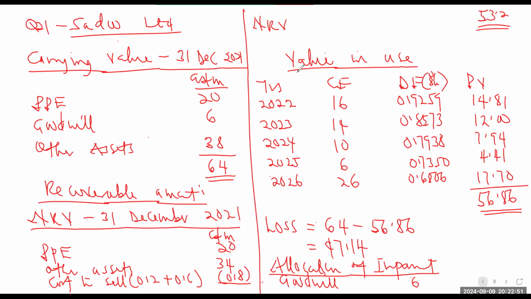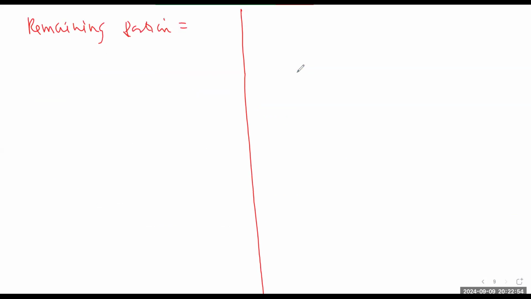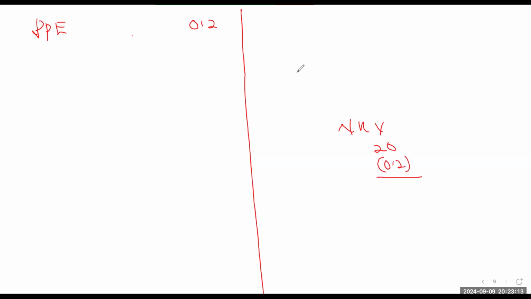So the NRV for the PPE is 19.8. So we have the PPE to take 0.2, because the net realizable value will be the 20 million minus the cost that we are incurring, which is 0.2. That is 19.8.